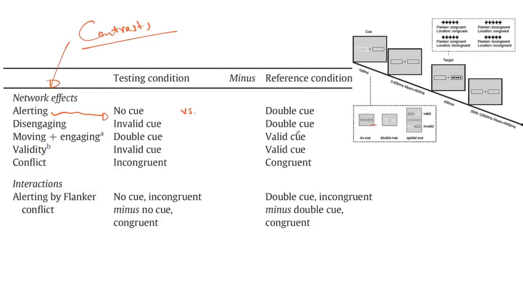Anybody who has any idea, any kind of description about why when we compare the brain state when we do not have any cue, so no cue situation, so we are still waiting for the response, but we do not have any cue, compared to double cue. Why should this contrast be labeled as alerting?